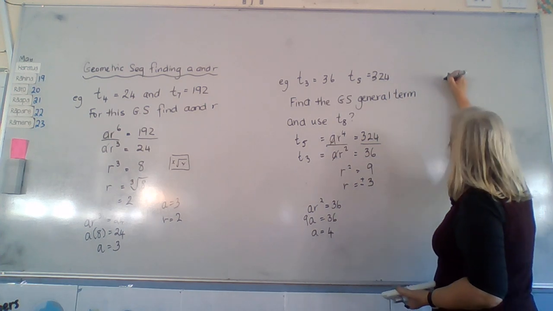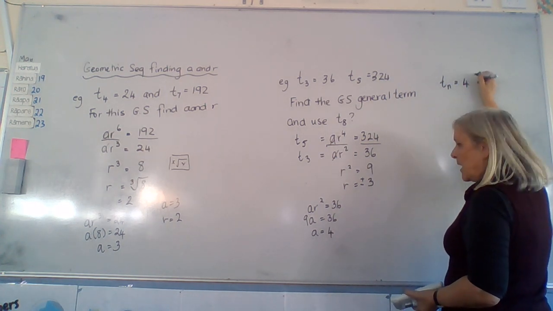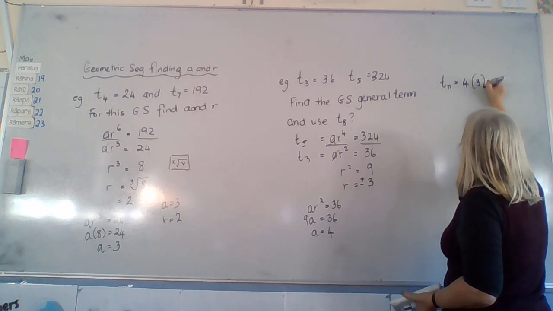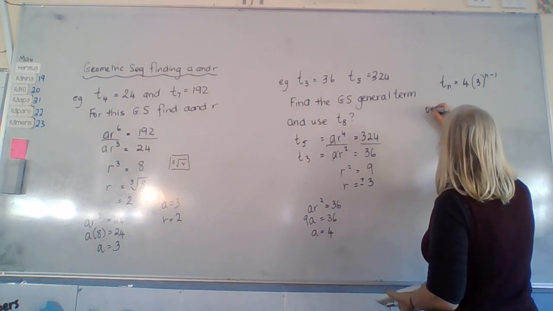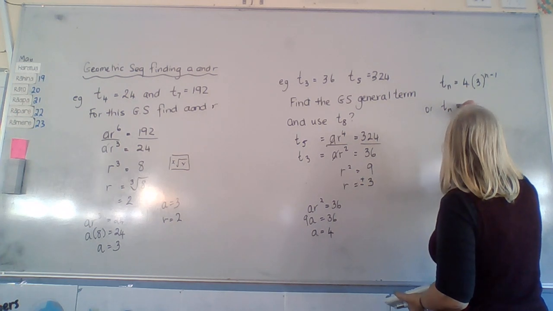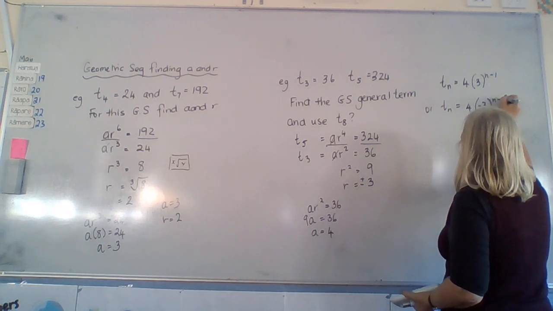So the general term, T of n, is equal to 4 times 3 to the power of n minus 1. Let's do it both. Or, let's have correctness: 4 times negative 3 to the power of n minus 1.